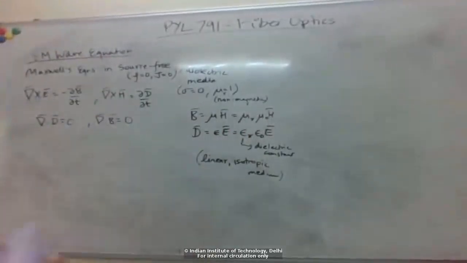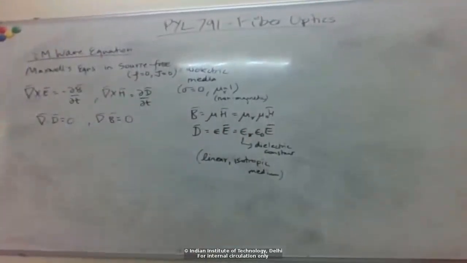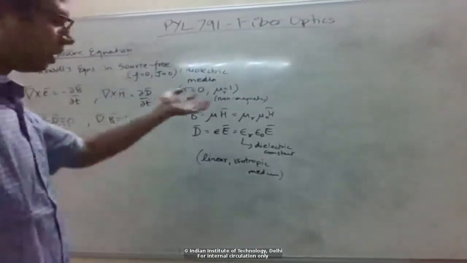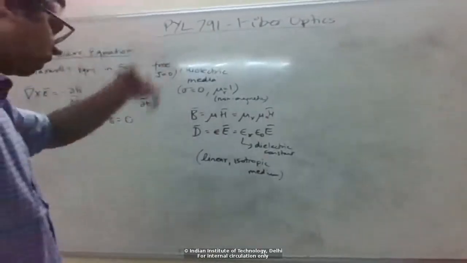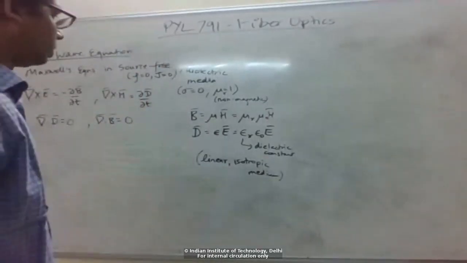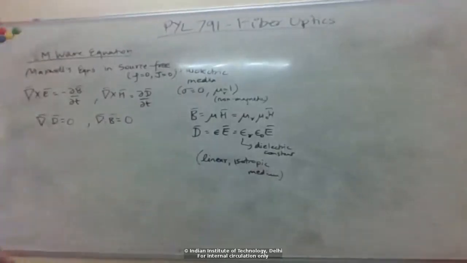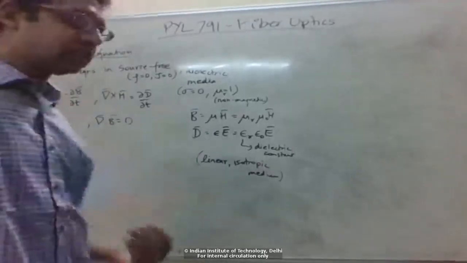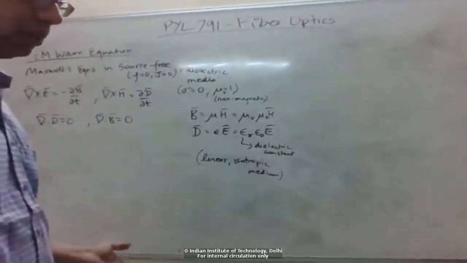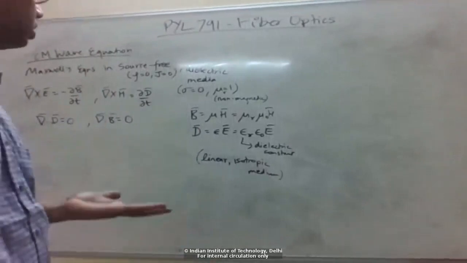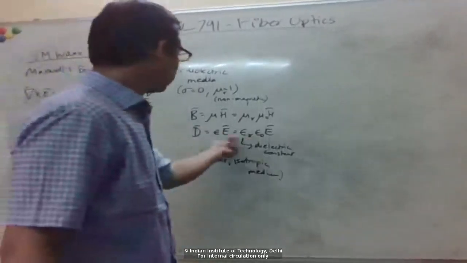And this is fine for most cases, and especially for our purpose in this course, where we're looking at just fields propagating through the medium. But in some special cases where the intensity of the light traveling through the medium becomes high enough, this relationship doesn't hold anymore.